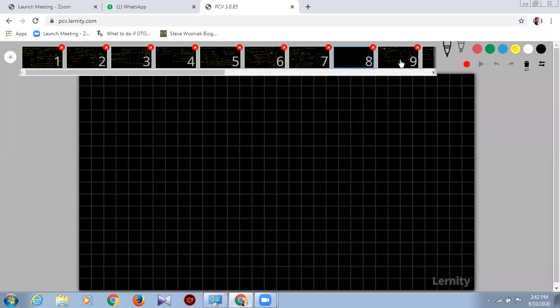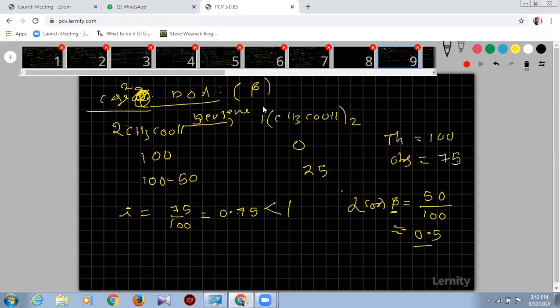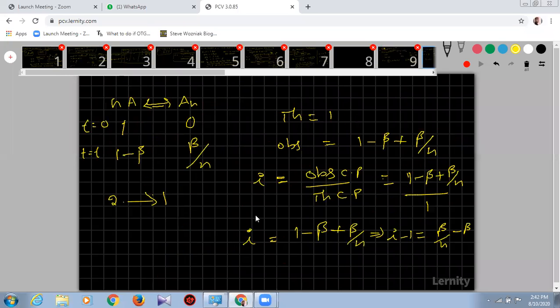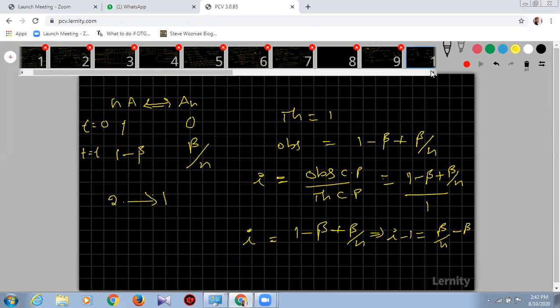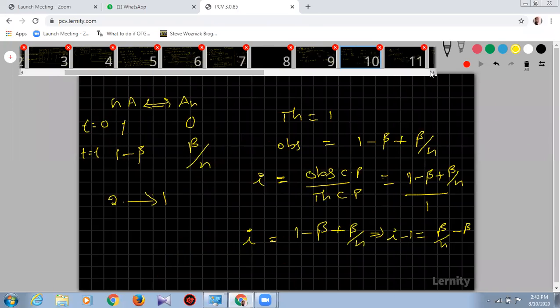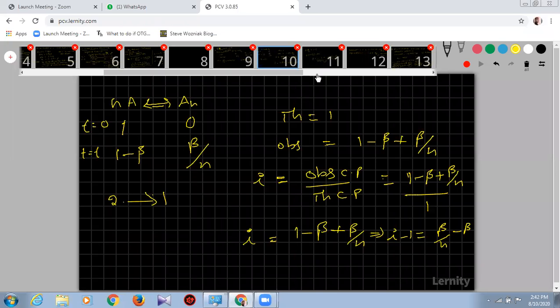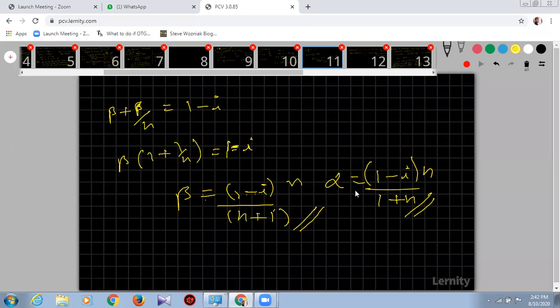Next, degree of association, which you can take as beta also. Here i is equal to 1 minus alpha plus alpha by n.